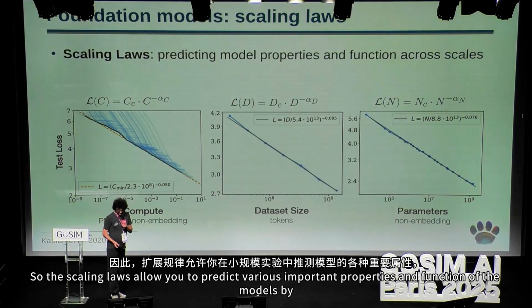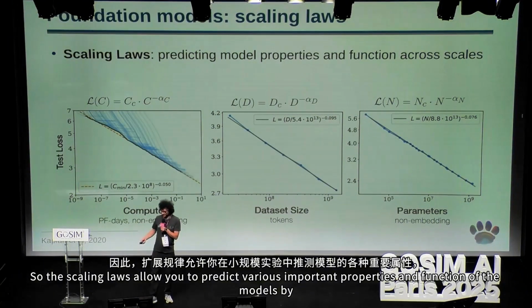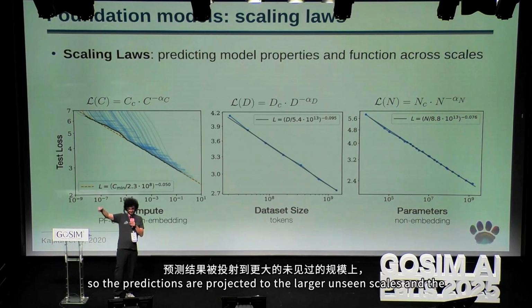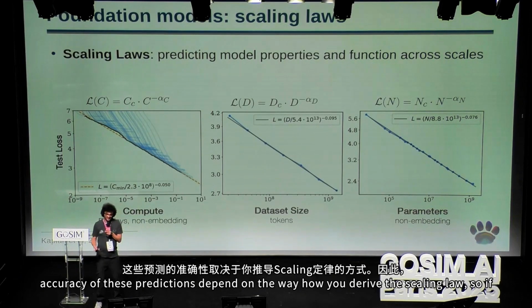So the scaling laws allow you to predict various important properties and functions of the models by conducting experiments on much smaller scales, and then the predictions are projected to the larger unseen scales, and the accuracy of these predictions depends on the way you derive the scaling law.